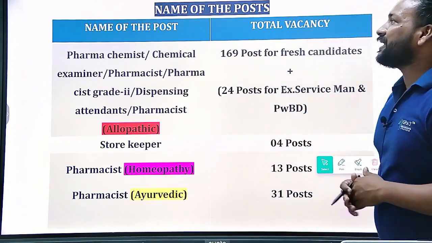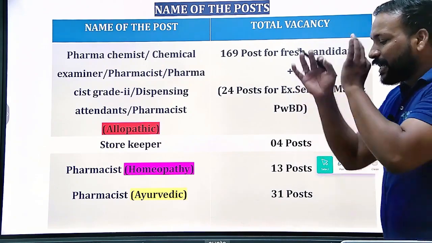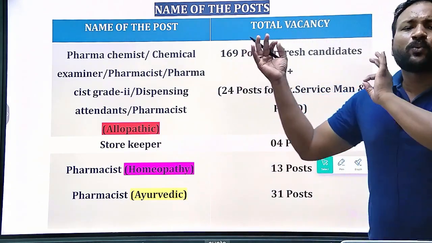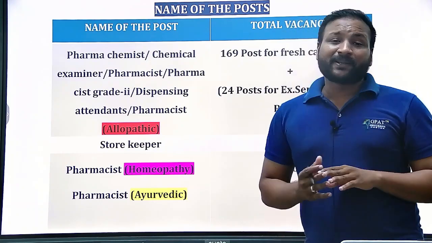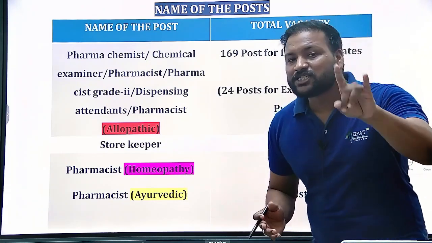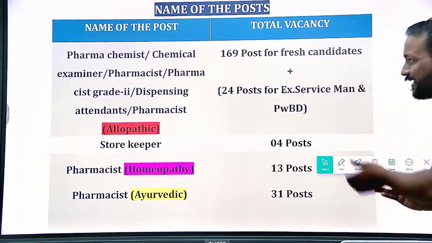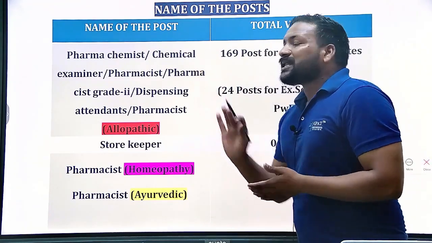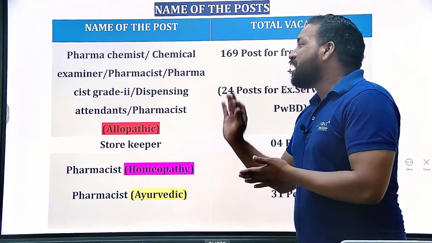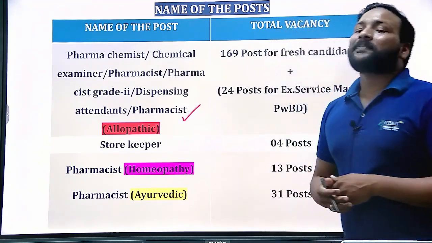So let us see the name of the post as well as the total vacancy, so please carefully watch this table and accordingly submit your application based on your eligibility and qualification. Clear? Please have a look at this slide, especially the pharma chemist, chemical examiner, pharmacist grade 2, dispensing attendant, and pharmacist allopathy.